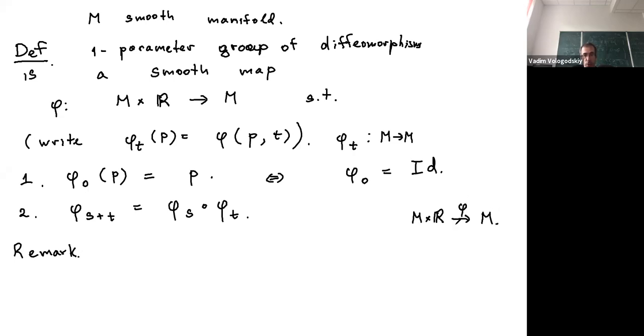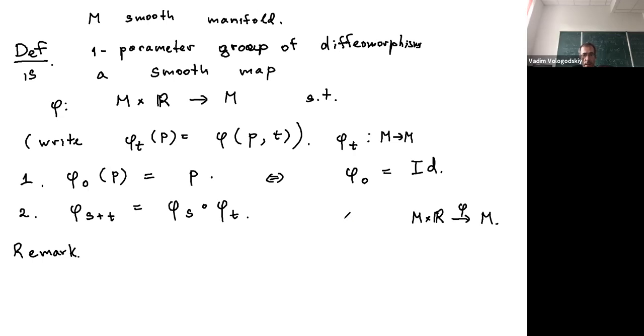And phi sub t is obtained by restricting this map to a closed subset, which is a submanifold, which is just M times t.